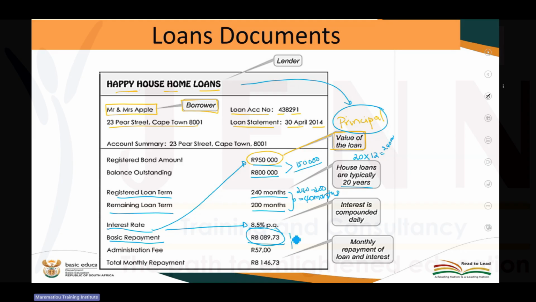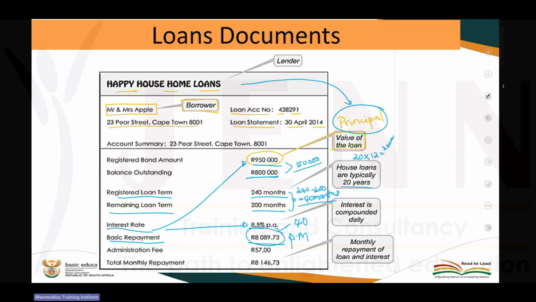This is what they are paying. So meaning that to stand at 800, they have already paid 8,889 times 40, because they have already paid 40 months. That's why now they are standing at 800.